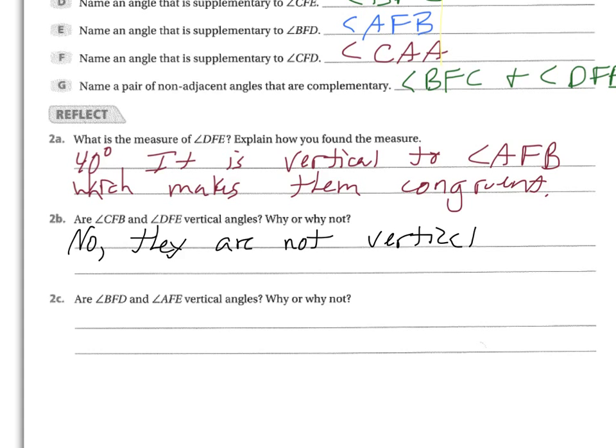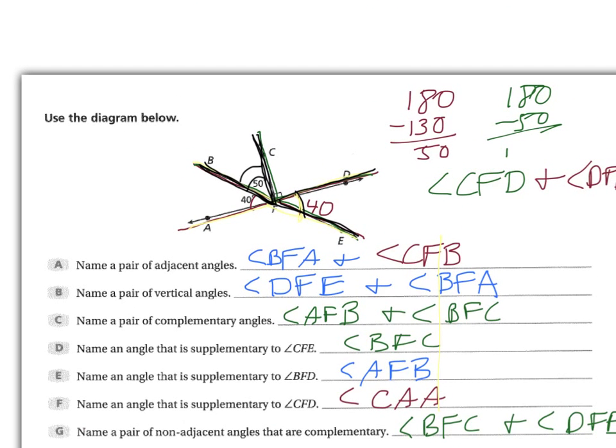And you'll notice they're not vertical because the two lines that form them, it's formed not by two intersecting lines. Do we see that? We don't have the two intersecting lines to create those two angles. It's formed by actually 4 different segments.